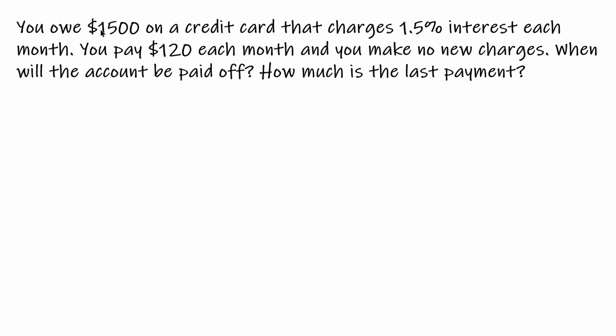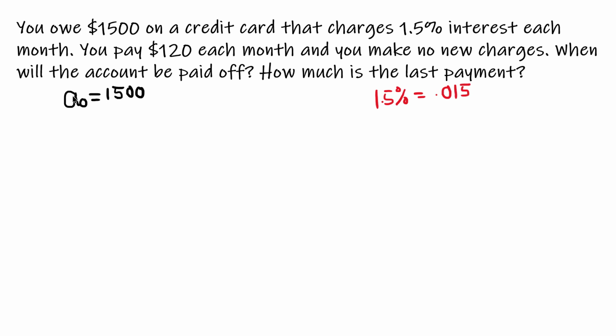So the initial balance, let's say AN be the balance at each month. So the initial balance A0 is 1500. Okay, we know that 1.5% is what? In decimals, 1.5% divided by 100, 0.015.